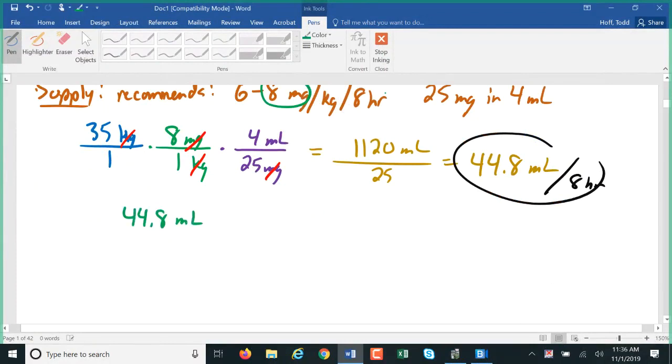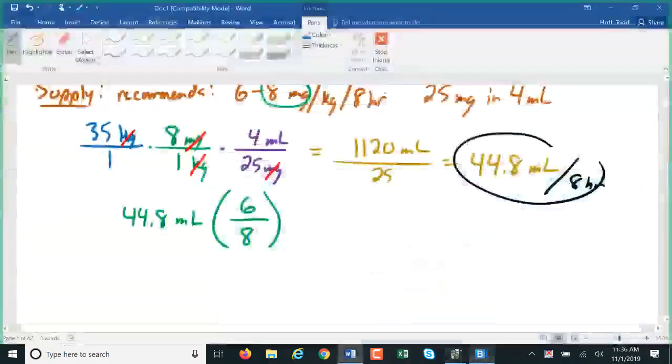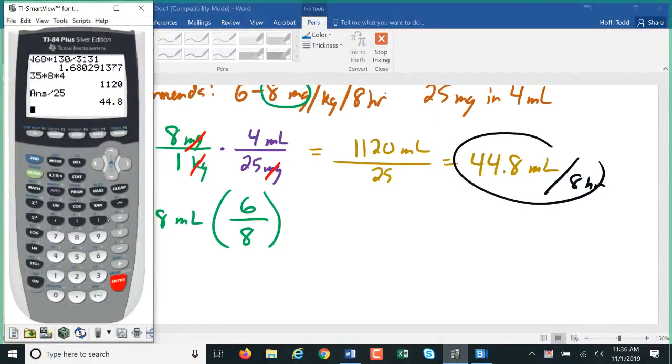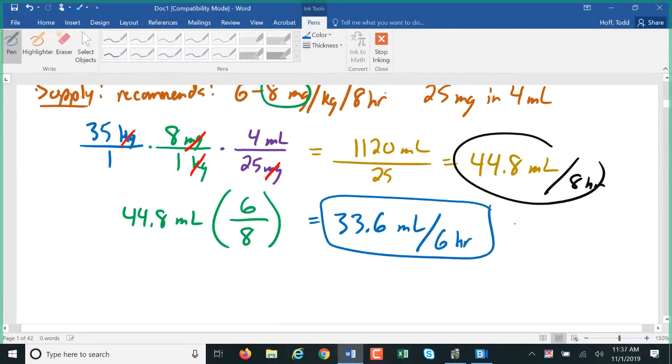That's 44.8 milliliters, calculated in 8 hours, and we're converting to 6. Times 6 divided by 8 is 33.6 milliliters every 6 hours. That is the max dose.